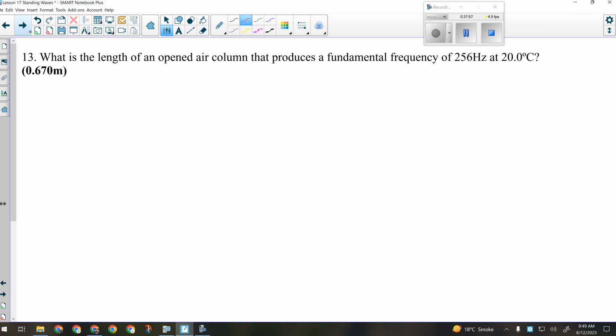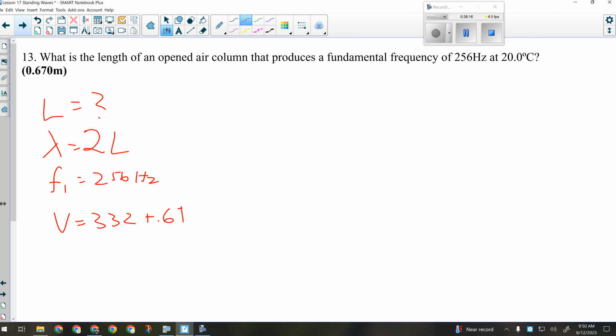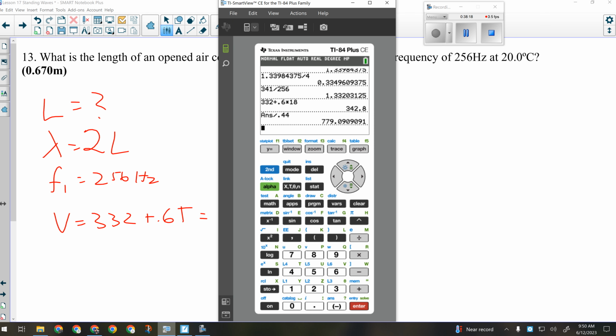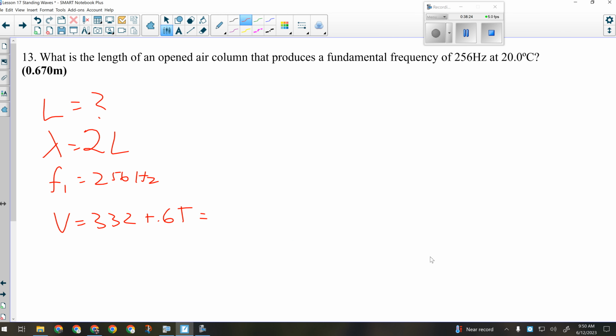Okay, so we're looking for length on this one of an open air column, so lambda equals 2L. It produces a fundamental frequency of 256 hertz at 20 degrees Celsius. Okay, 344 meters per second is our speed.